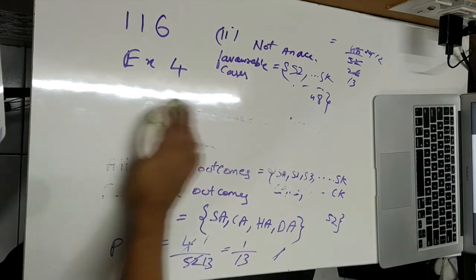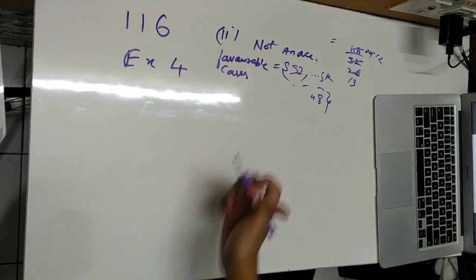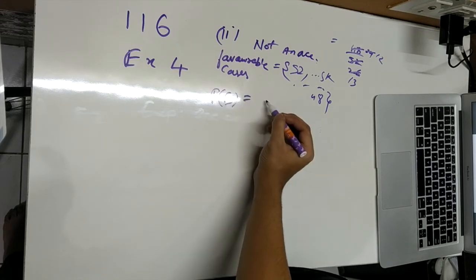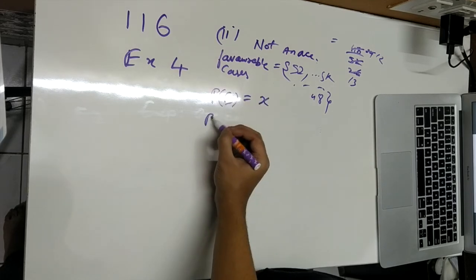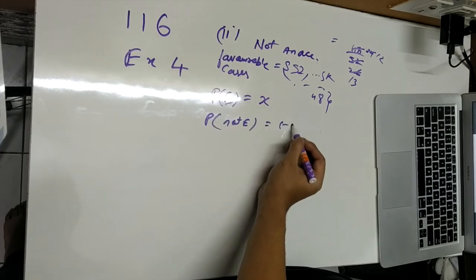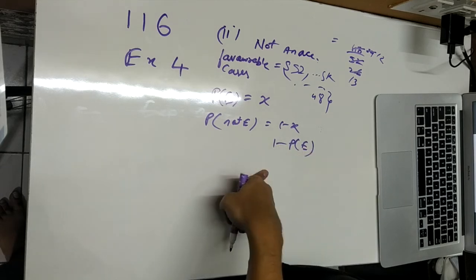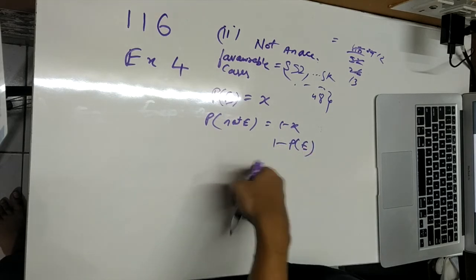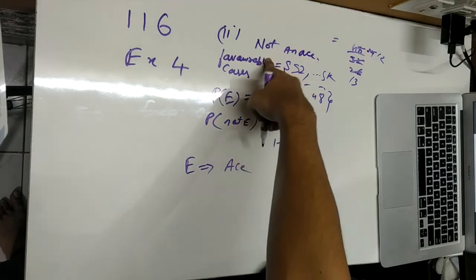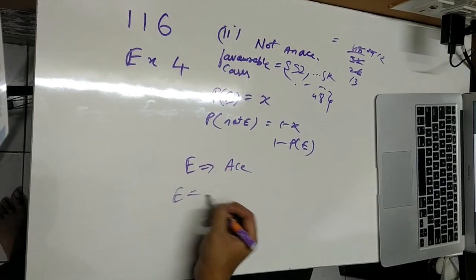Now what else could we do? I have explained to you the probability of not an event. If the probability of E is something, then the probability of not E is 1 minus that, that is 1 minus probability of E. So here, if we take E as getting an ace, we want not an ace, so we want not E. How much did we get for E?